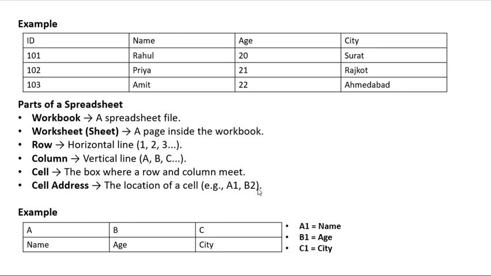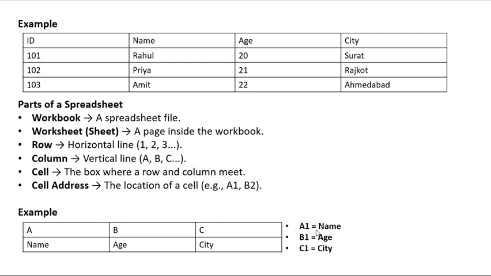For example, A1 and B2. To find a cell address, the column names are A, B, C and so on, and the rows are named by numbers. Combined, they are used as the cell address: a column name and a row number. For example, A means name, B means age and C means city.